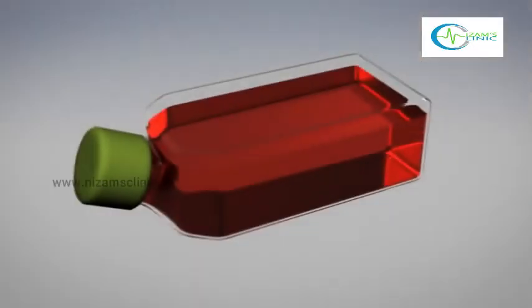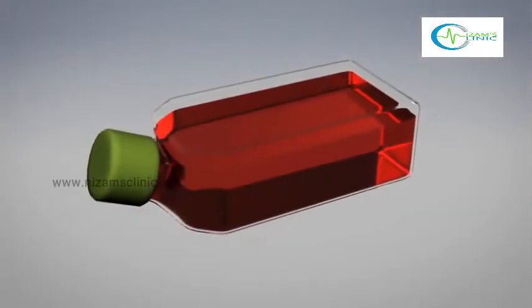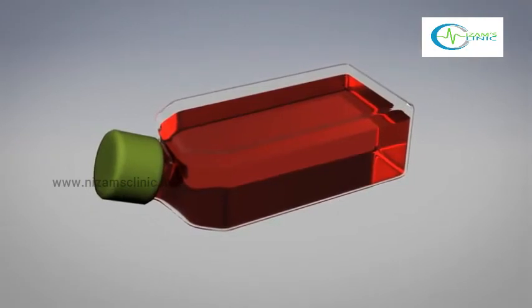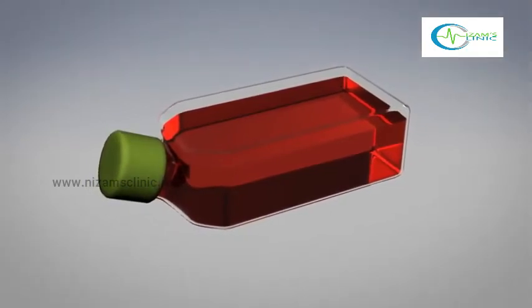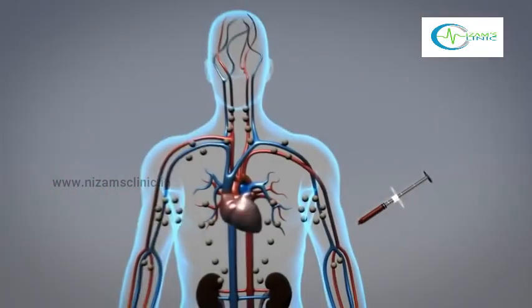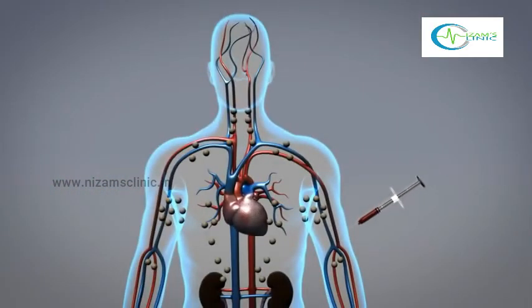These cells are separated, selected for specificity, and multiplied in their millions outside of the body, in a flask, in a sterile environment. After a few weeks, and just after the transplant takes place, these regulatory T cells are concentrated and injected back into the body.